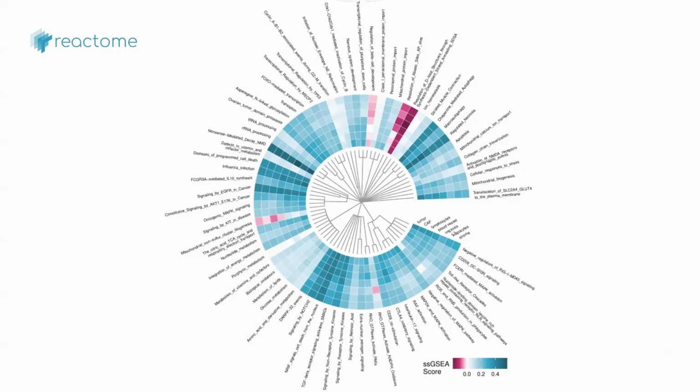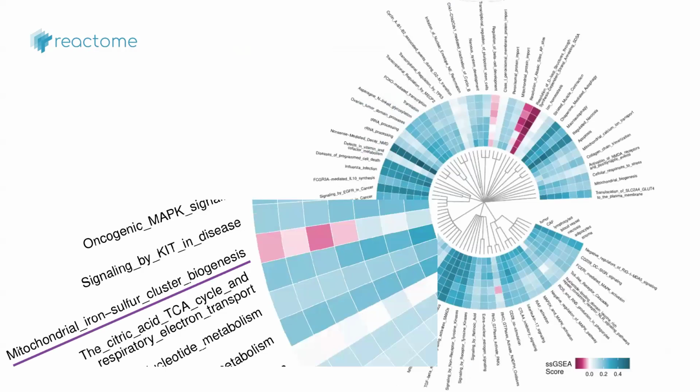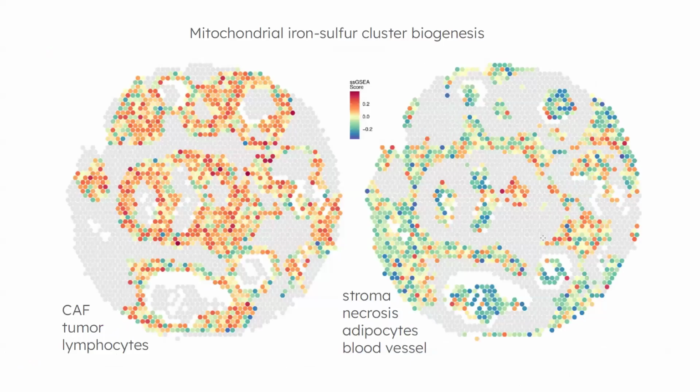And so in this way, you can compare the enrichment scores among them. So for example, for this gene set, mitochondrial ribosomal subunit biogenesis, we can see a difference in the enrichment score for tumor, stroma, and lymphocytes against the others. Obviously, you can also plot the single enrichment scores obtained.